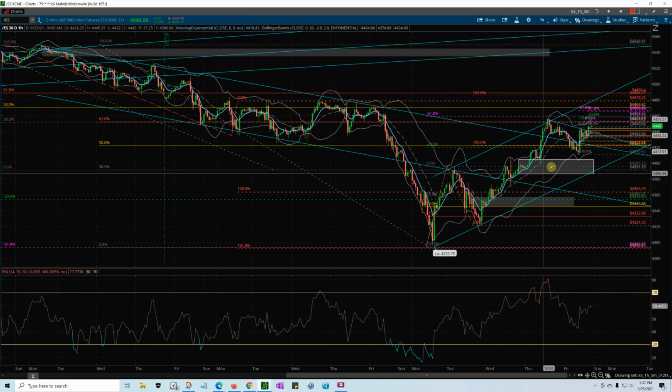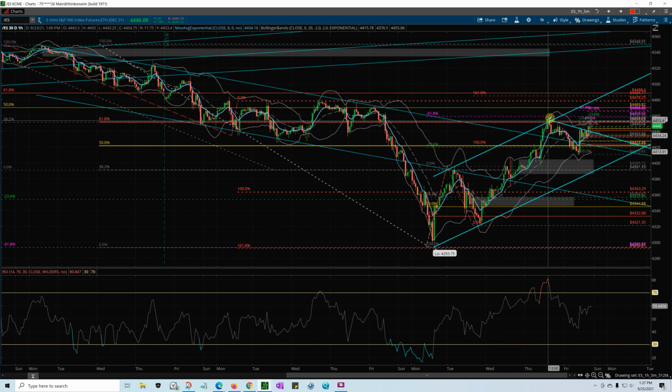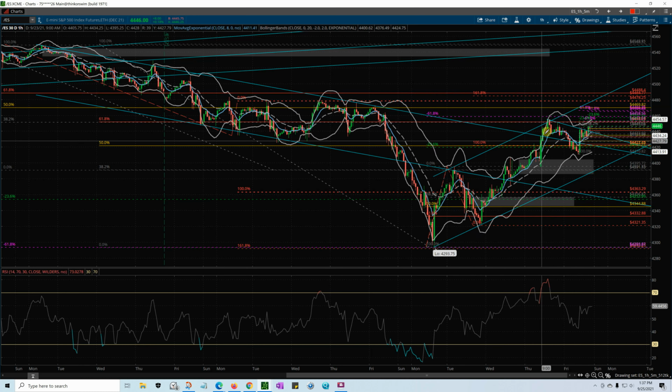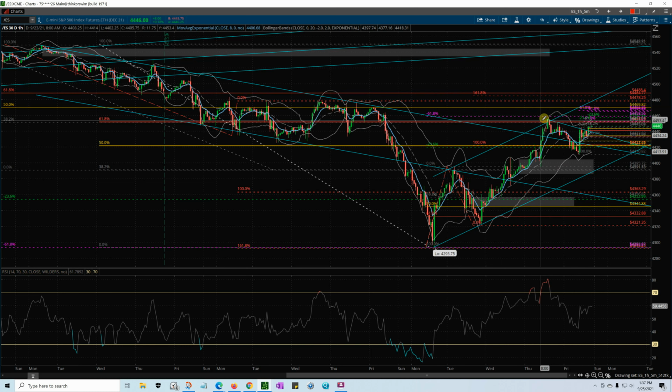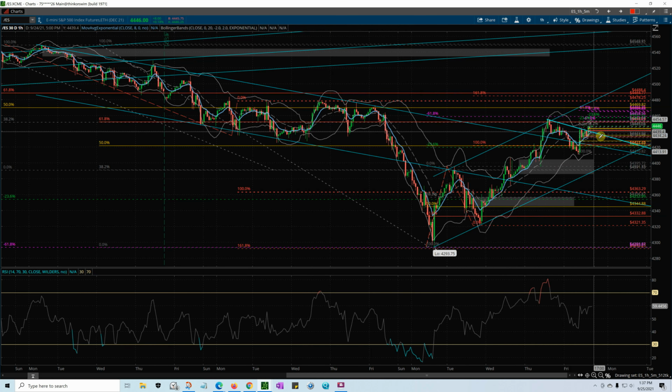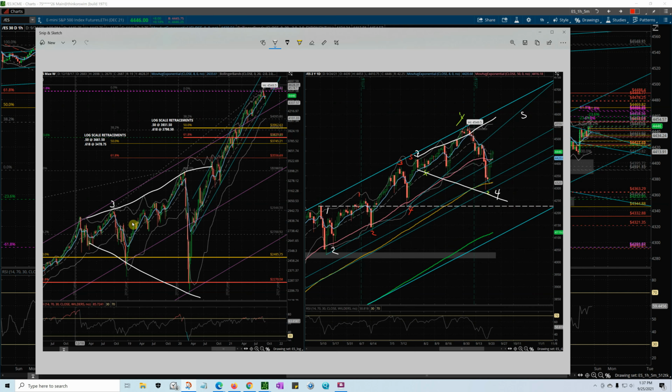That's the bullish scenario. The bearish scenario is we don't make a new high. This stays a 3 wave up corrective pattern. The market says overlap be damned, we're going down, and we go down again. But again, this pattern really has my attention.